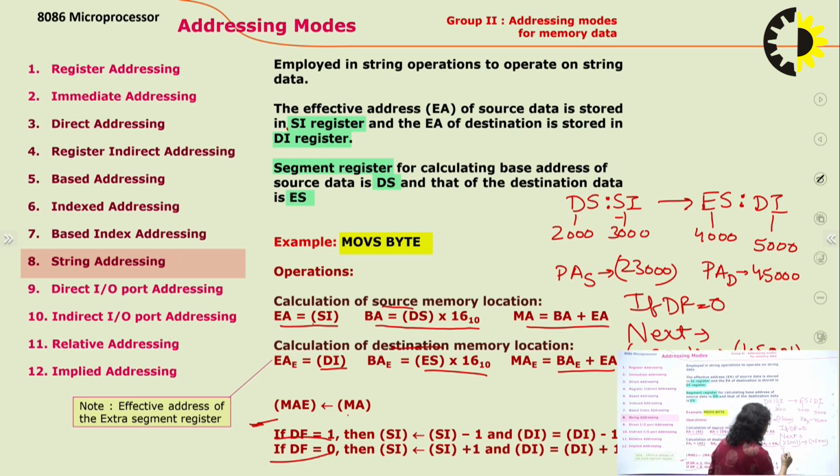Whereas, if direction flag is 1, then next address will be decremented, that is 23000 minus 1, which is 22FFF for source string and 44FFF for destination string. So, in this way we calculate, mind it, these are hexadecimal numbers, not decimal. So, the biggest value is F, not 9.